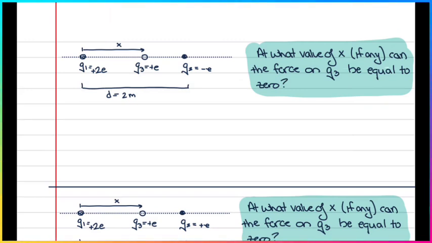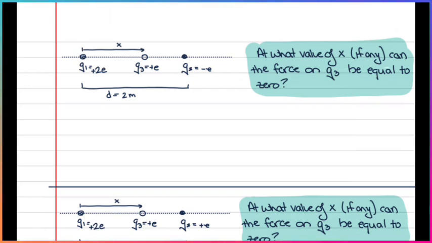I could ask the question: at what value of x, if any, where I define x as the distance from the left charge to this third charge, can the force on Q3 be equal to 0? Is there a static configuration in this case? And if so, what's the value of x?